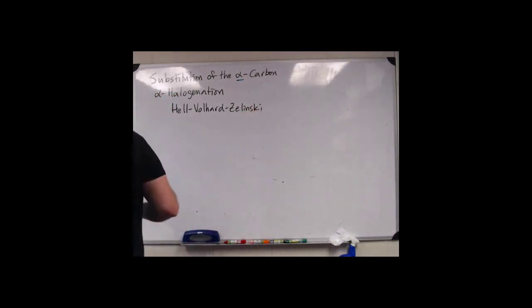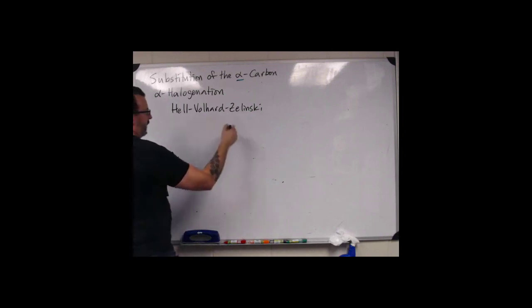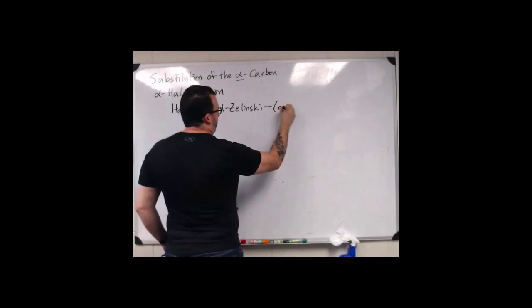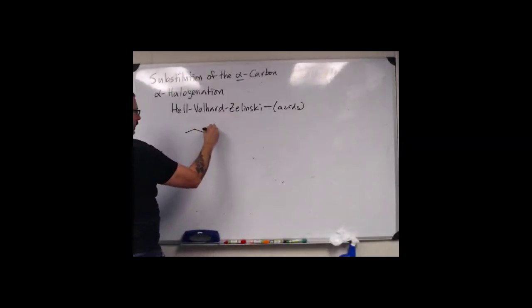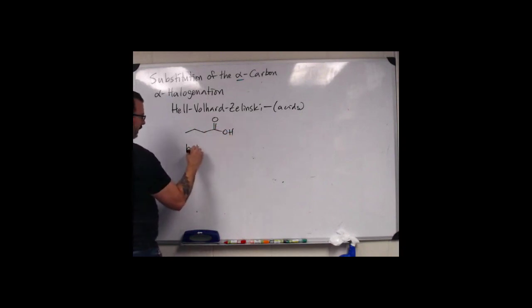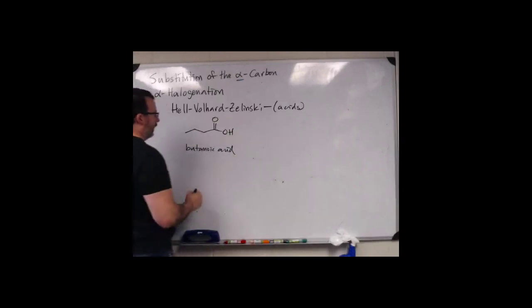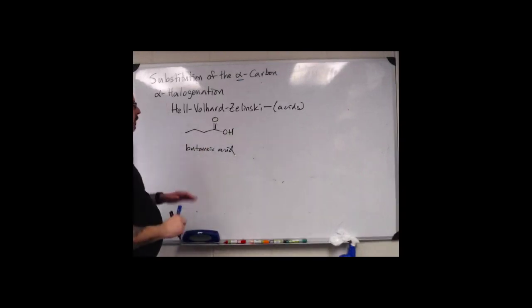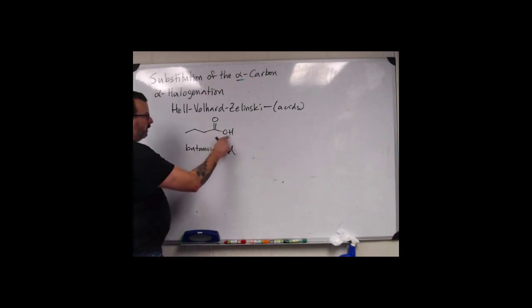This is a reaction specific to carboxylic acids. So if we take butanoic acid, again, this is what I meant by these other functional groups. This is OH, so there's only one alpha position. So our job's a little bit easier.